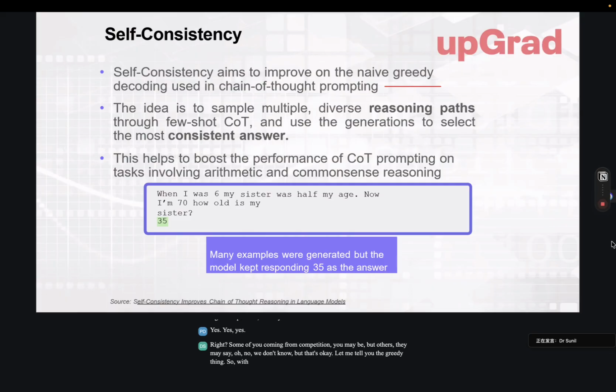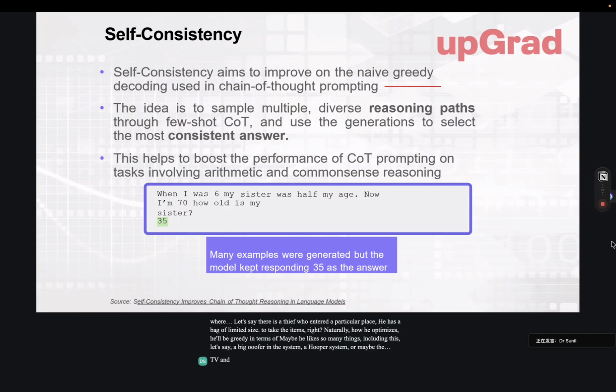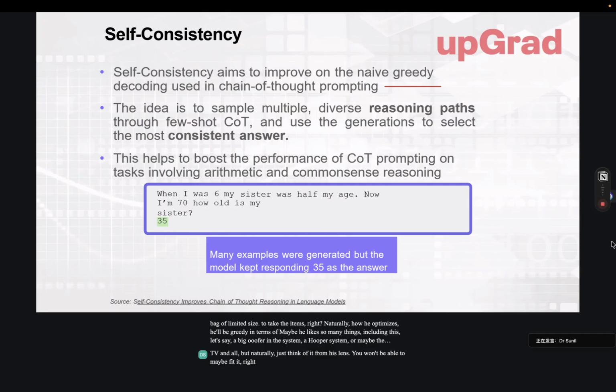Let me use an example so it's easy to see why the greedy idea comes in: the knapsack problem. Let's say a thief entered a particular place. He has a bag of limited size to take items. Naturally, he'd be greedy and might like many things, like a big woofer system or the TV. But from his lens, he won't be able to fit them unless he comes with a big truck.